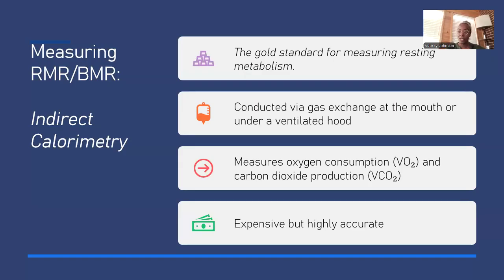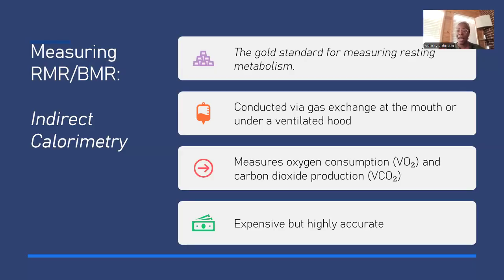There are three ways to measure resting metabolic rate, and again, this is used interchangeably with basal metabolic rate and resting energy expenditure. The first way is indirect calorimetry, which is considered the gold standard for measuring resting metabolism. In this method, we measure gas exchange at the mouth under a ventilated hood.